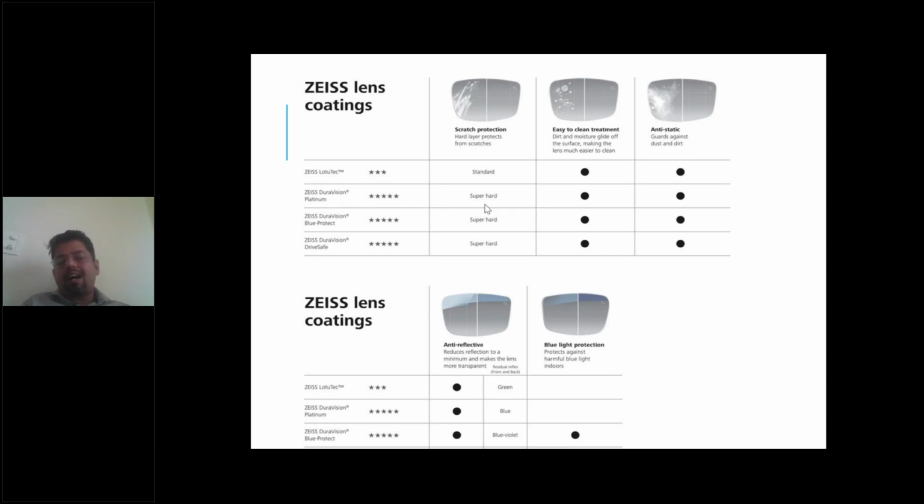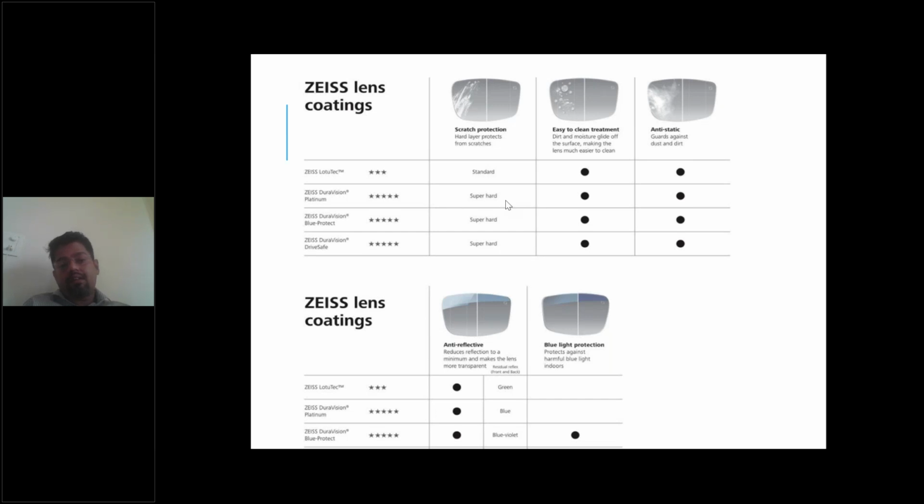It has a super hard layer which protects itself from scratches. So whenever you give DuraVision or above, your customer will be one of the happier customers. He'll always come back to you saying, whatever you have given, that lens lasted for 2 years, 3 years. It was a very good lens, it didn't scratch as quickly as earlier, and they will be very happy about it.